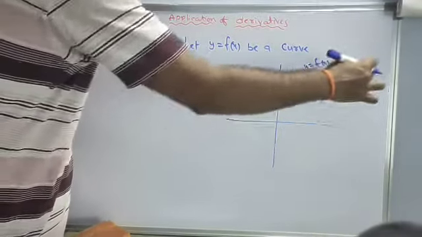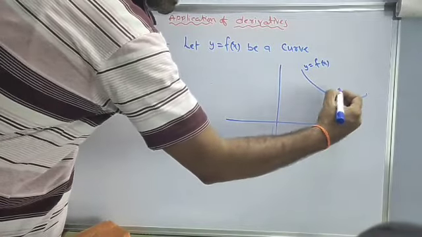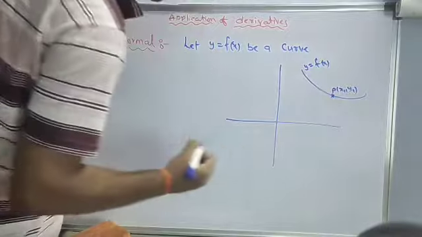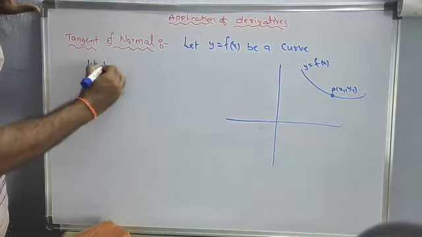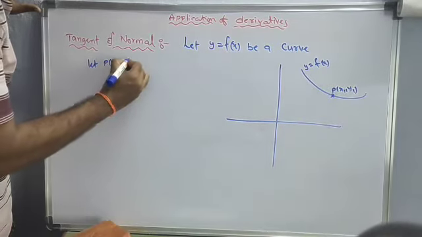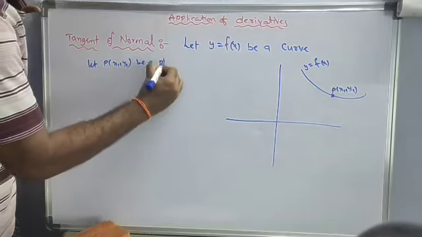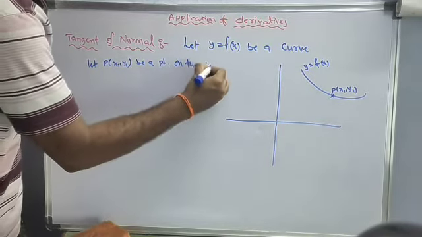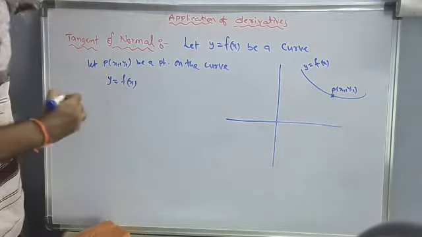Suppose here I am considering a point P(x1, y1). Let P(x1, y1) be a point on the curve y equal to f of x.